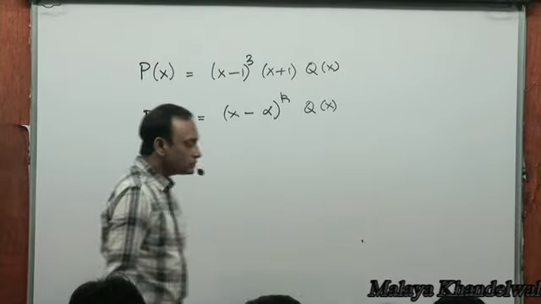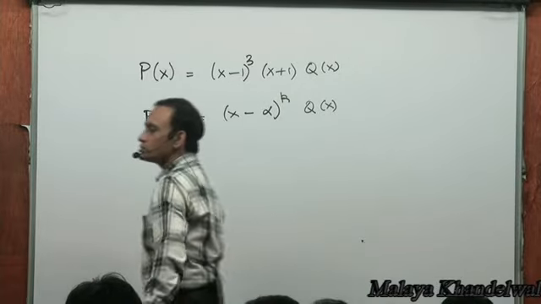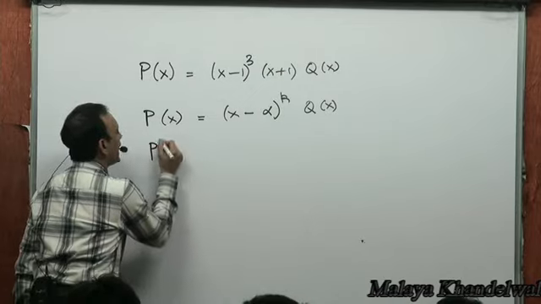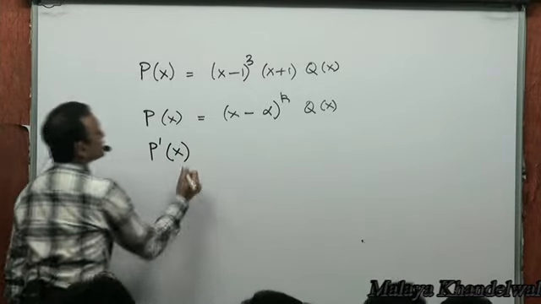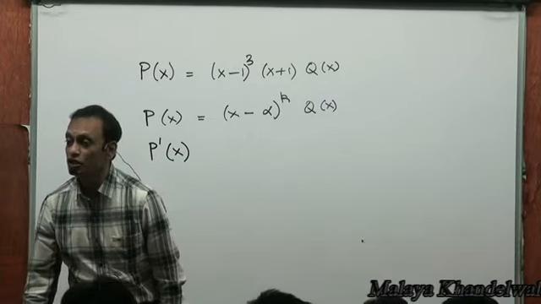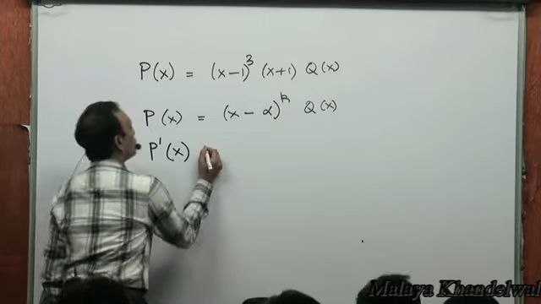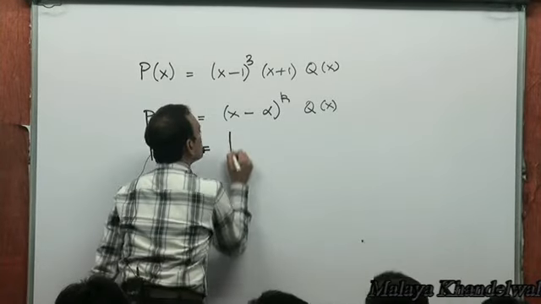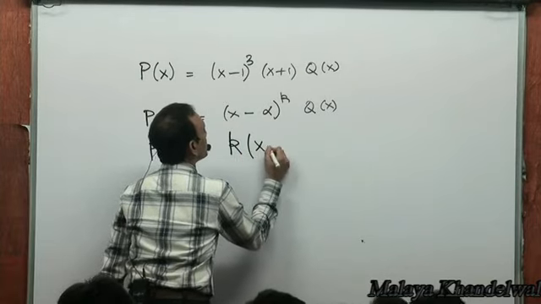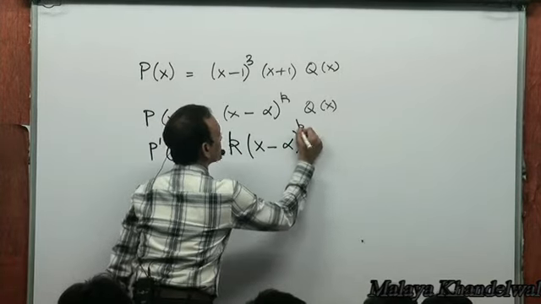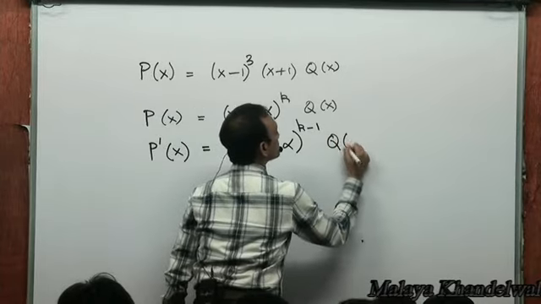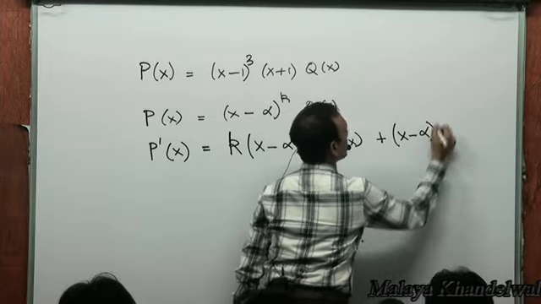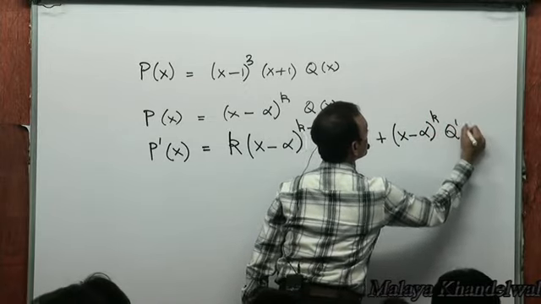Now, an important result that emerges out of this: if p(x) is a polynomial, p dash x is the derivative of p(x). Now that you can obtain from the product rule of differentiation. So that's going to be k into (x minus alpha) to power k minus 1 into q(x) plus (x minus alpha) to the power k into q dash x.